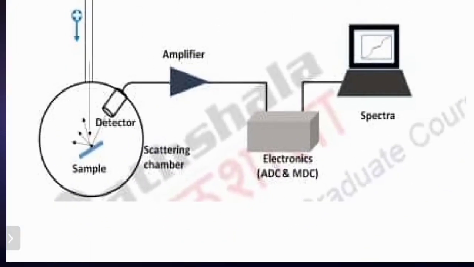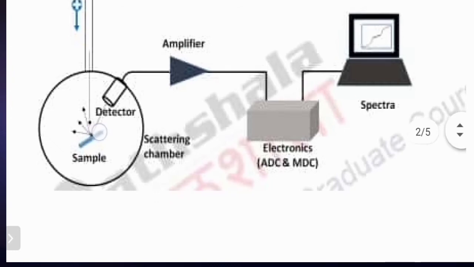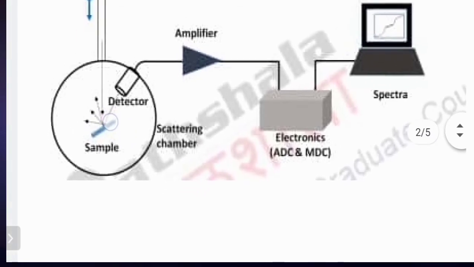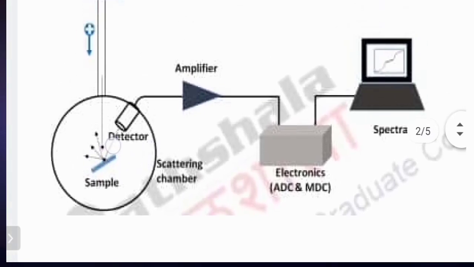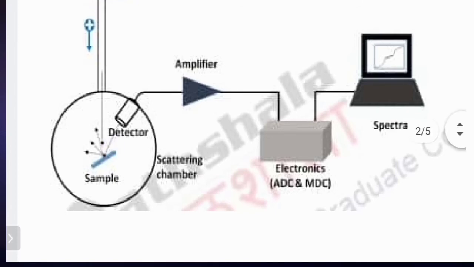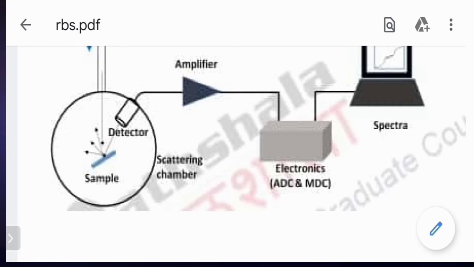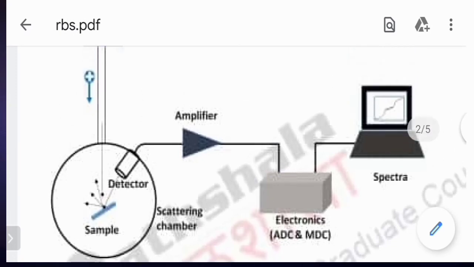Once we have incident radiation on the sample, the detector determines which particles are scattered from the sample. That radiation is detected by the detector, and we get the spectra. We will see that later.